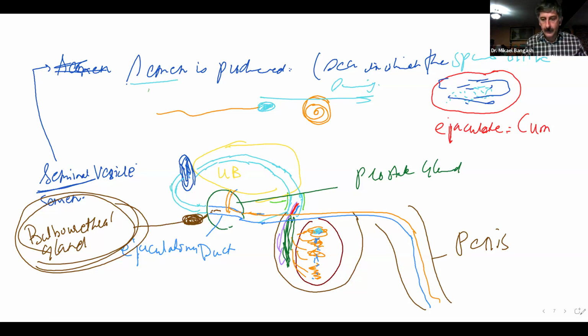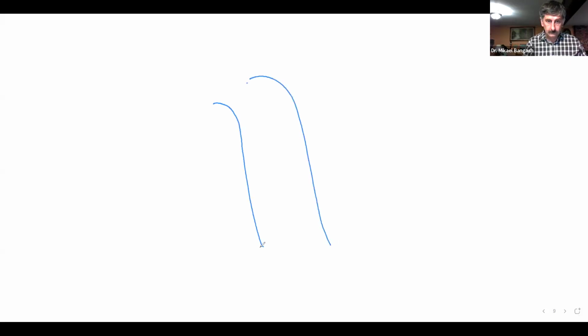Okay, guys. Now the last journey of the sperms is going to be through the penis.